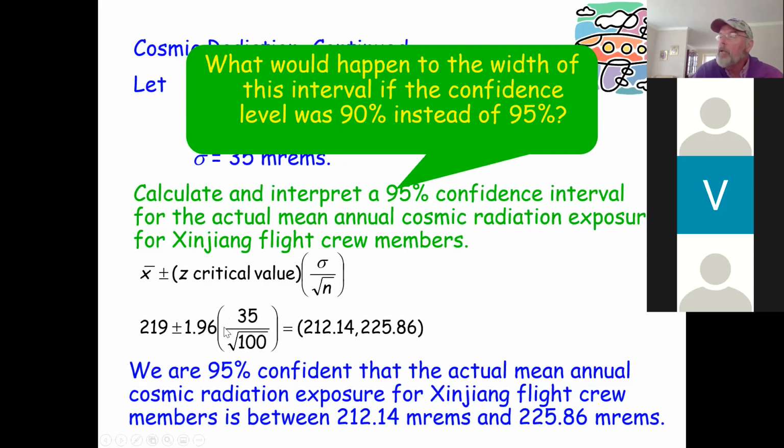So actually, it will narrow the confidence interval, just because the z-scores that go along with those 90 and 95% are what's controlling the width of the two confidence intervals.